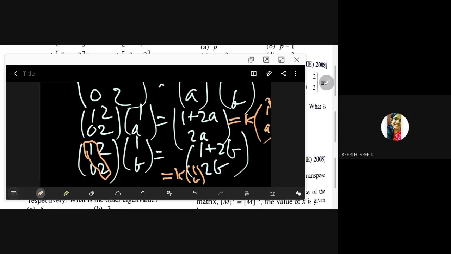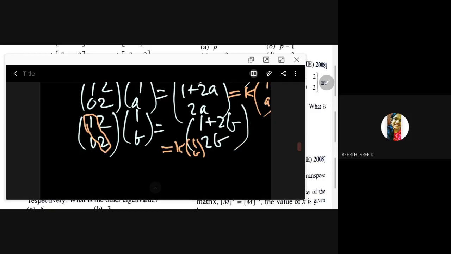Now some property we have to use. 1 plus 2a, you have here 2a, that is one vector. 1 plus 2b, you have 2b here, right?